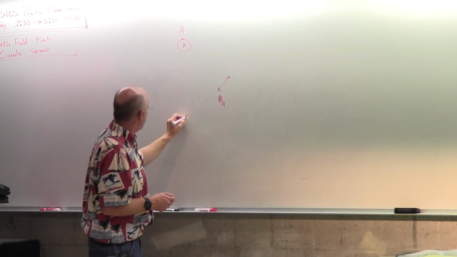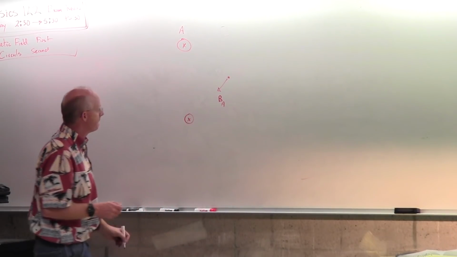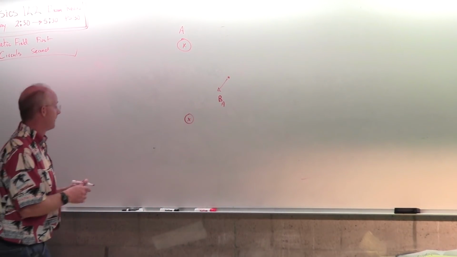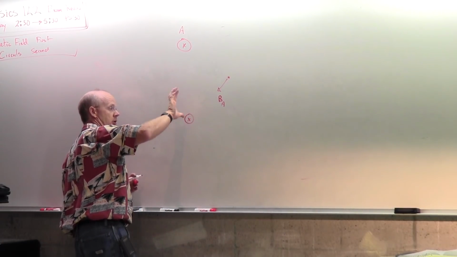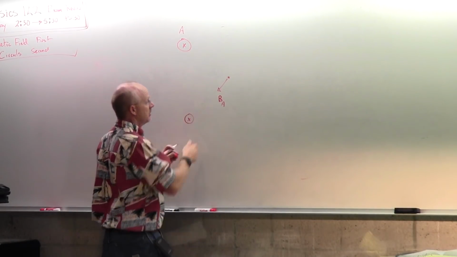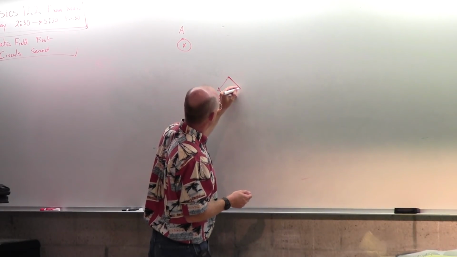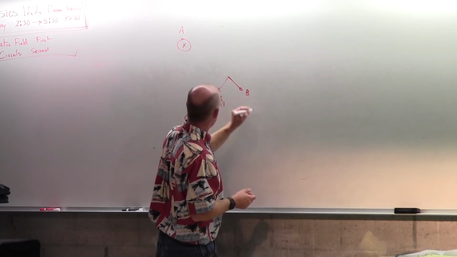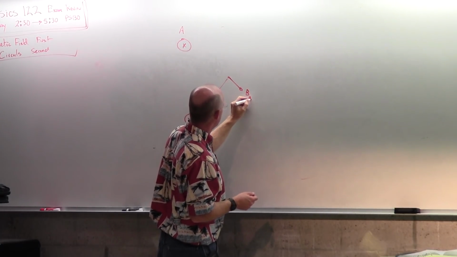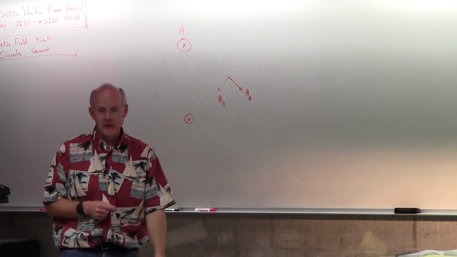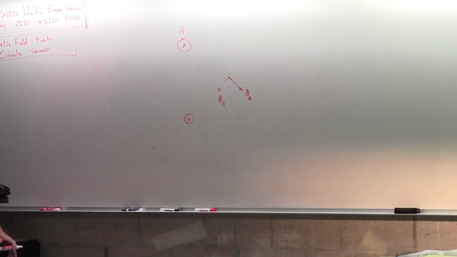How about down here from B? Grab it, curl, so I'm going to get a circle. And so this would be the magnetic field from point B. Fair enough? Now let's just stop on those two for a moment. Anything you can say about those two?